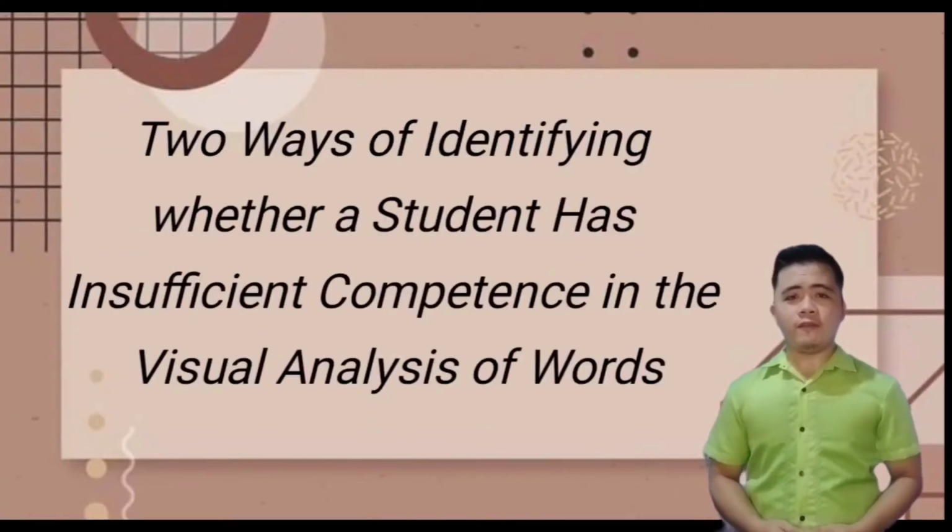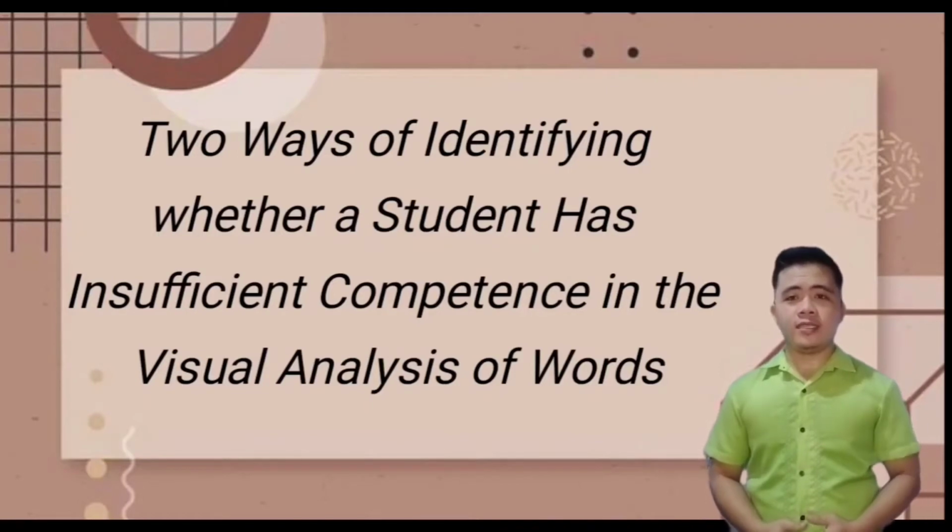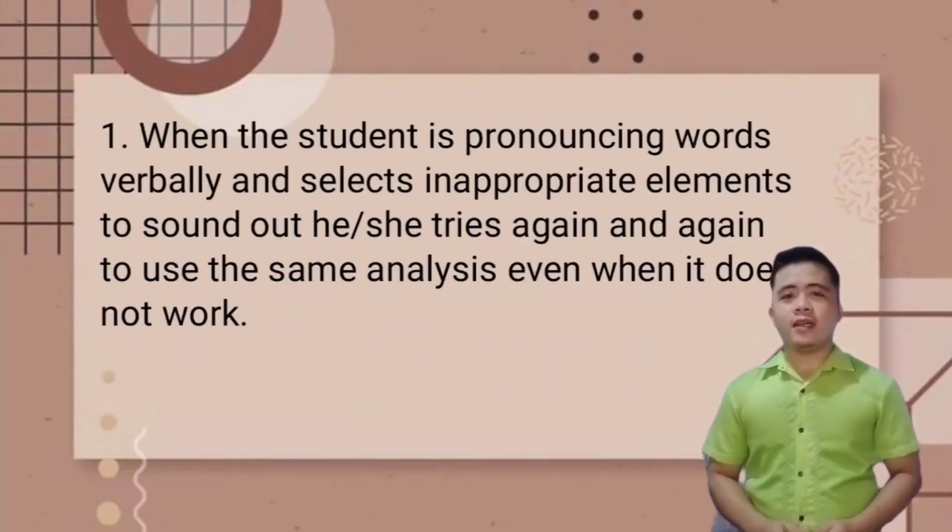There are two ways of identifying whether a student has insufficient competence in the visual analysis of words. Let us discuss these two. First, when the student is pronouncing words verbally and selects inappropriate elements to sound out, he or she tries again and again to use the same analysis even when it does not work.